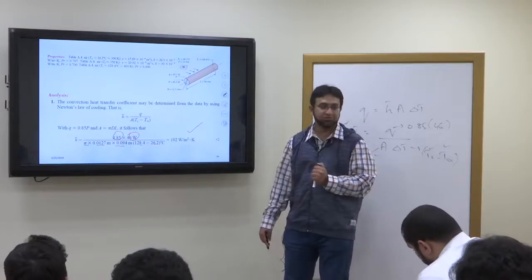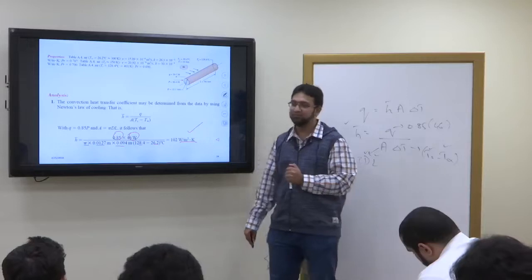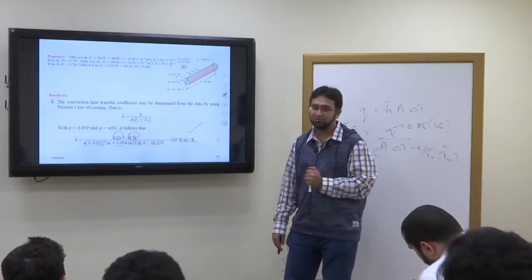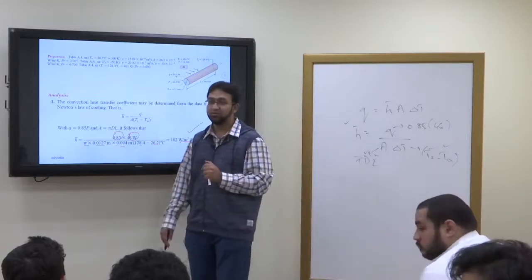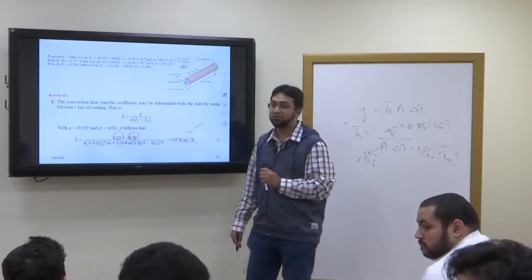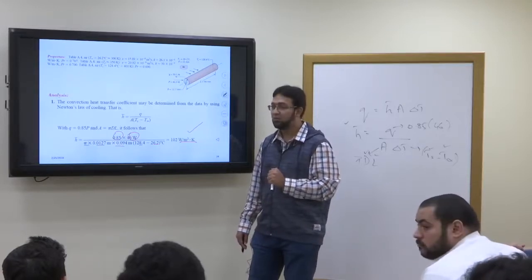Remember, in this course, in the exams, I'm very much concerned about the units as well. So make sure that you understand the units. The temperature is in Celsius, but the unit is Kelvin.